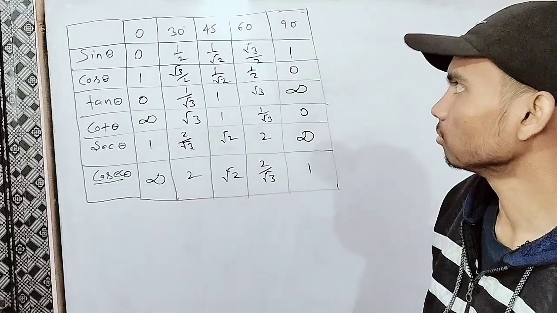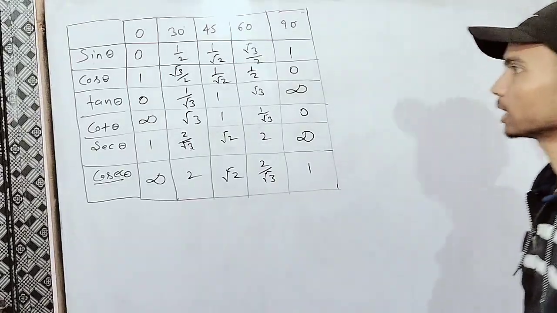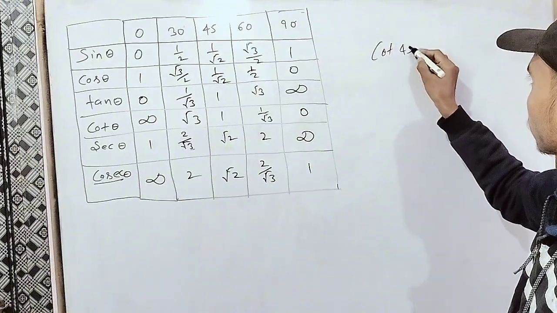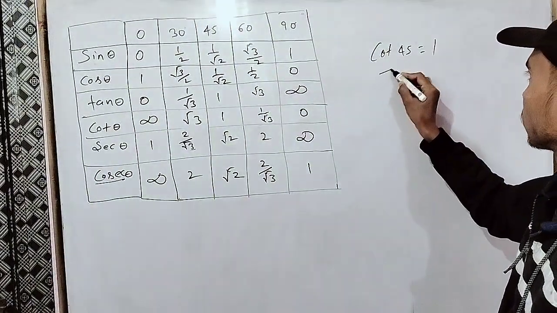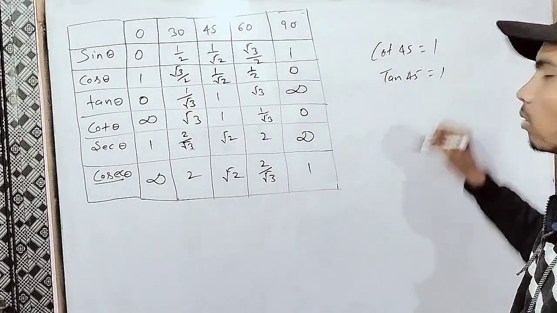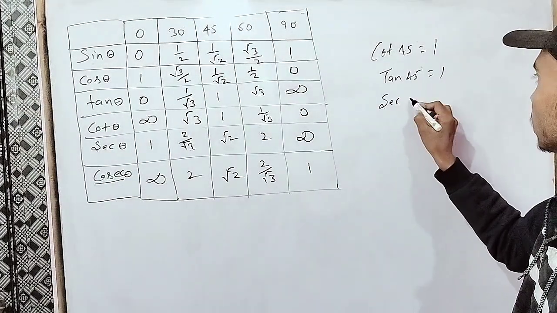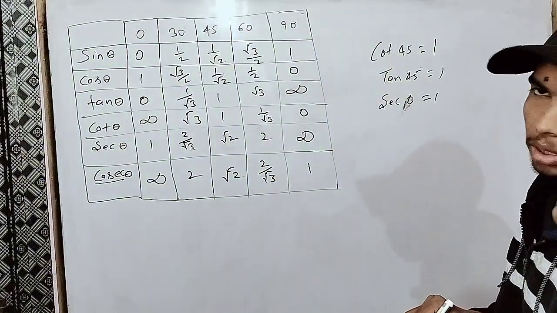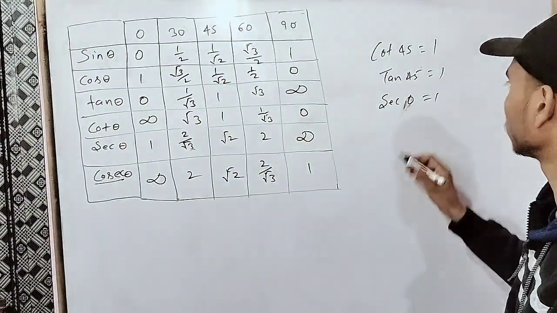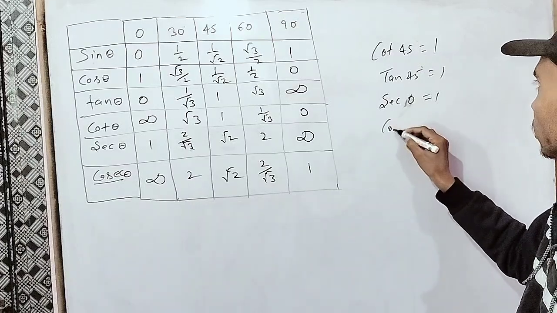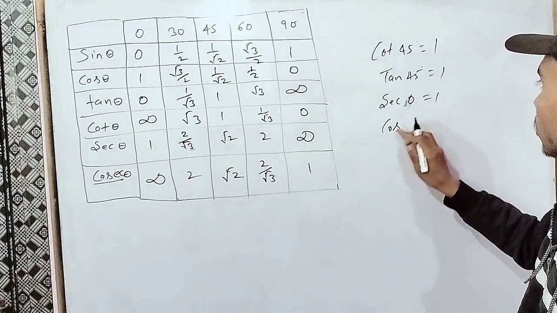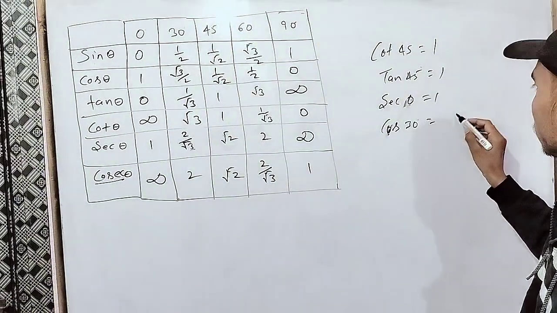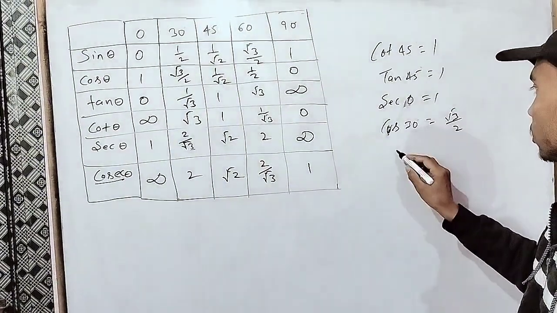Now I would ask you cot 45 degree, tan 45 degree. I would ask you cos 0 degree, you would tell me 1. Cos 30 degree, you would say root 3 by 2.